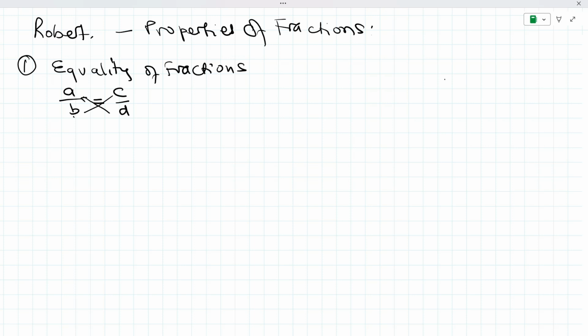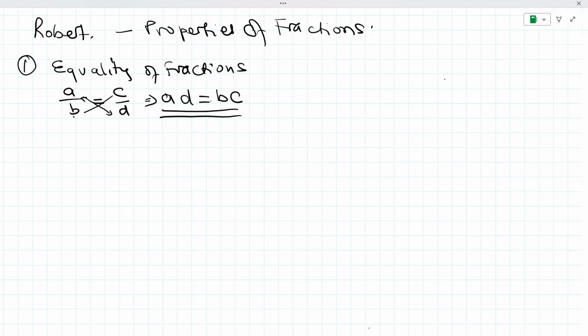In other words, A multiplied by D must equal B multiplied by C. That's the first property of a fraction, which shows equality of fractions.